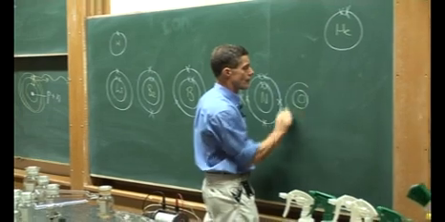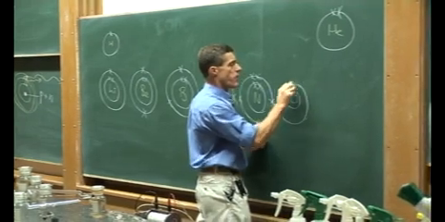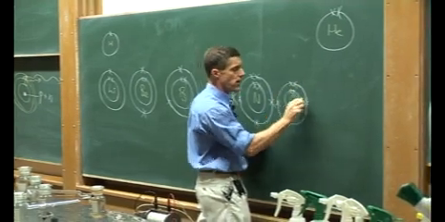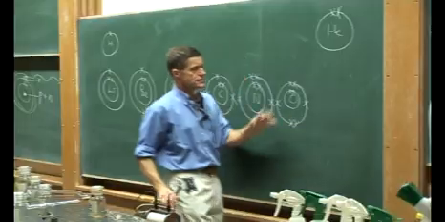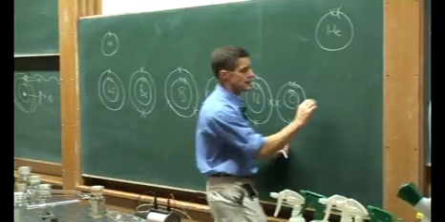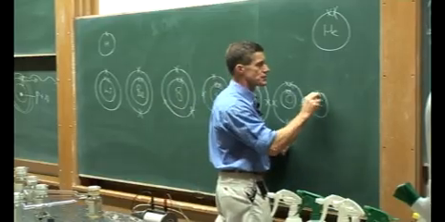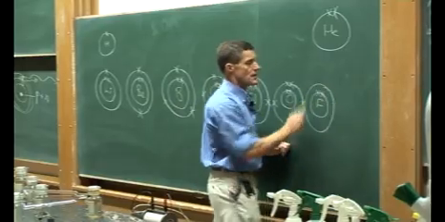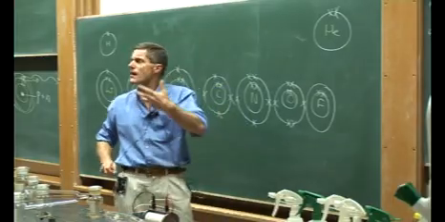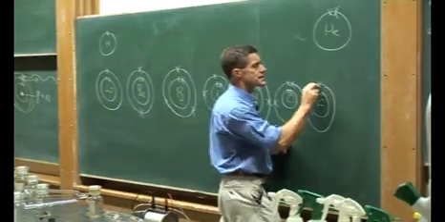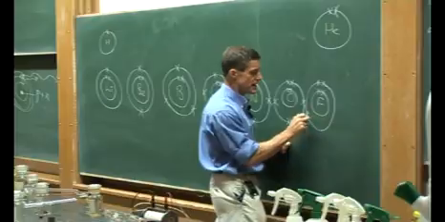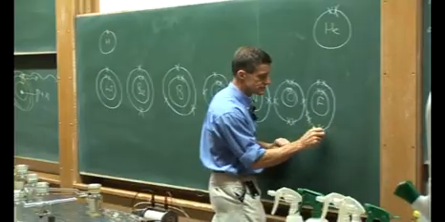Oxygen. I've got a 2-6 arrangement. Fluorine's next. Fluorine is actually quite unusual in that it is one of the elements that has very, very few isotopes in the naturally occurring state.